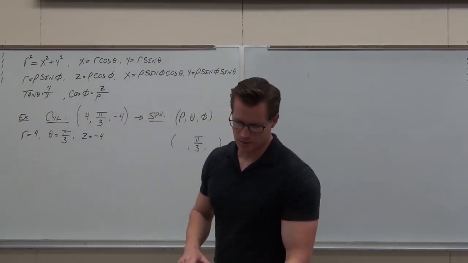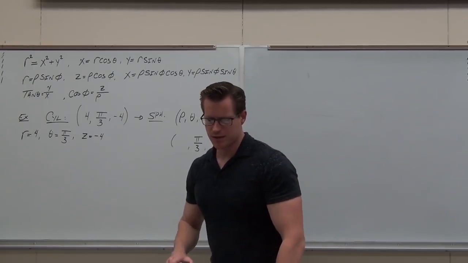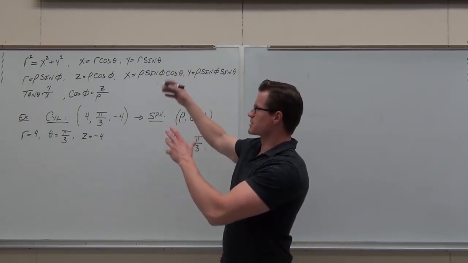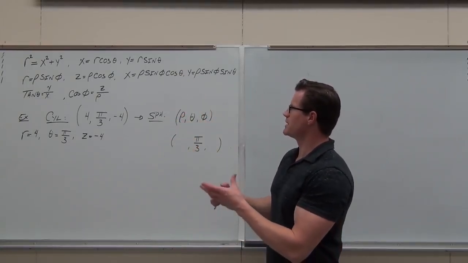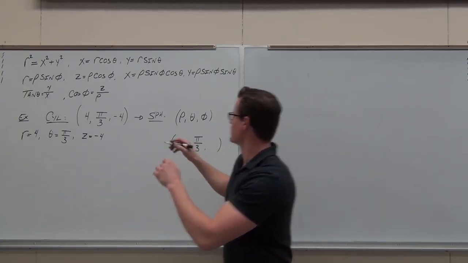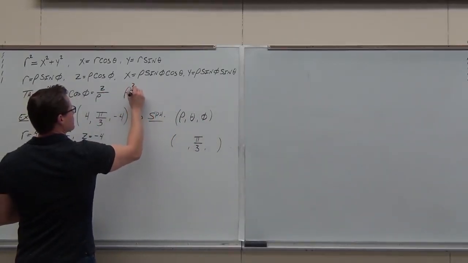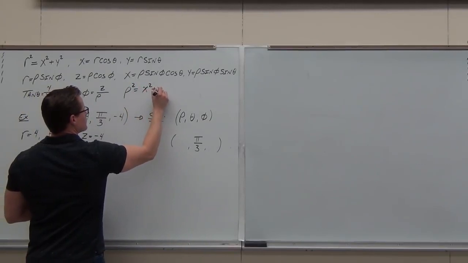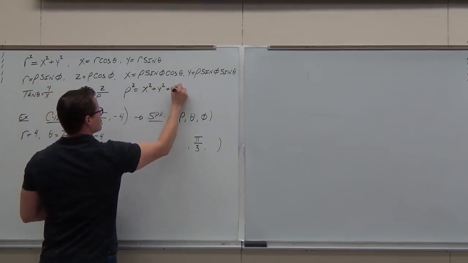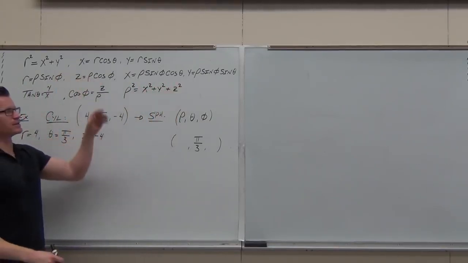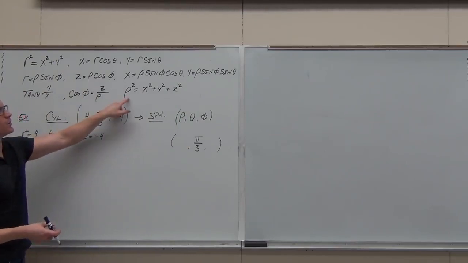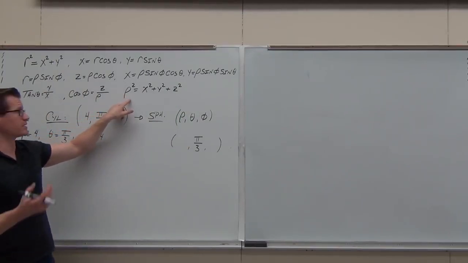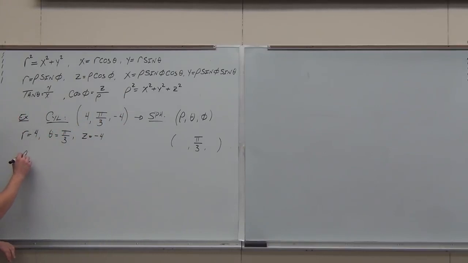Now, as far as the rest of it, you're going to be using some of the same stuff, but there's going to be pieces that relate these two. For instance, you go, well, maybe I need rho. That's the only thing that's solved for rho. Let's use that.